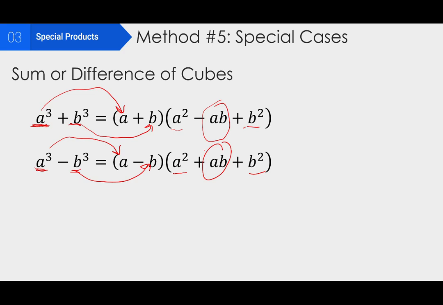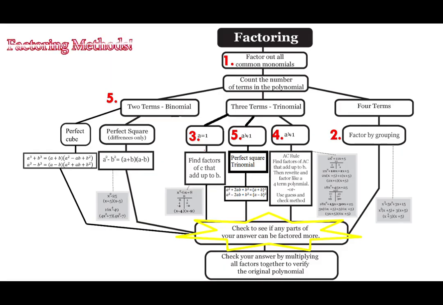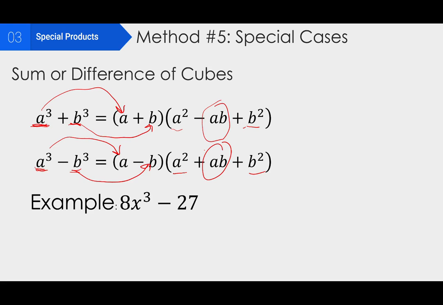Let's do an example. Okay, so 8x cubed. If I cube root 8x cubed, I get cube root of 8, and the cube root of x cubed is 2x. Cube root of 27, or you could even put the negative in there, is 3.